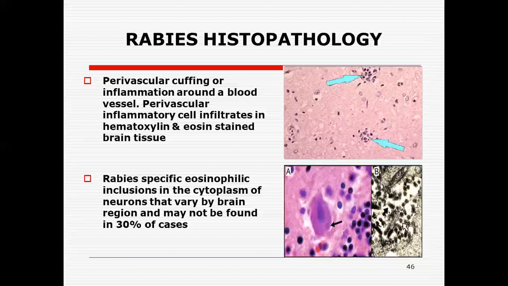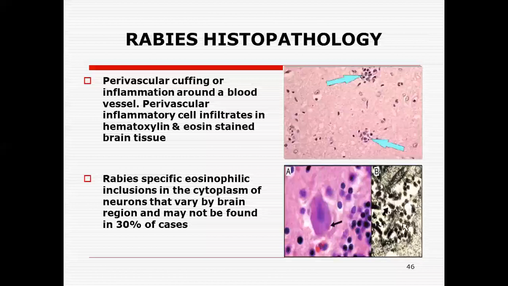This is how the rabies-specific eosinophilic inclusions look in the cytoplasm of the neuron; they vary in the brain regions and may not be found in about 30% of the cases. Although these lesions are considered specific and pathognomonic, clearly indicating the causative agent, in about 30% of the cases we may not be able to detect the Negri bodies by histopathological investigations.